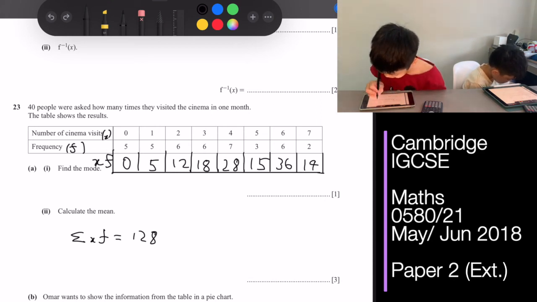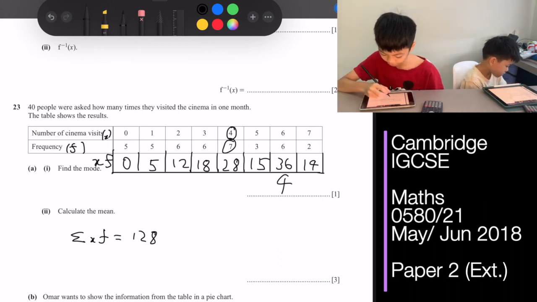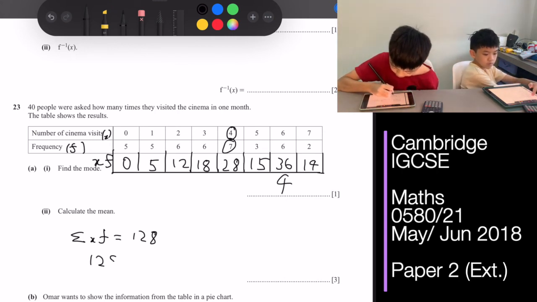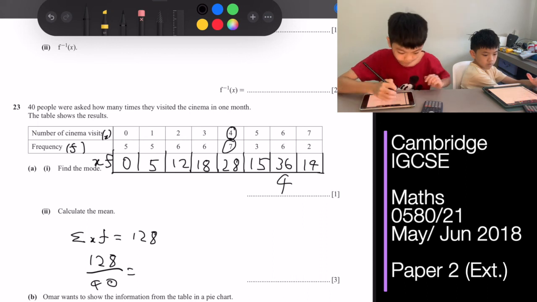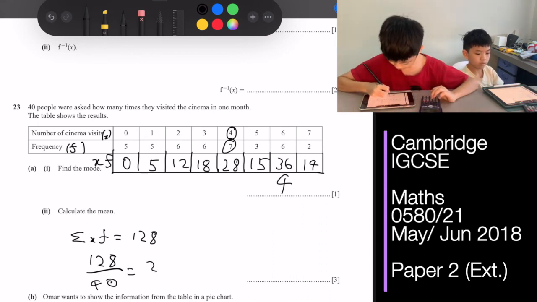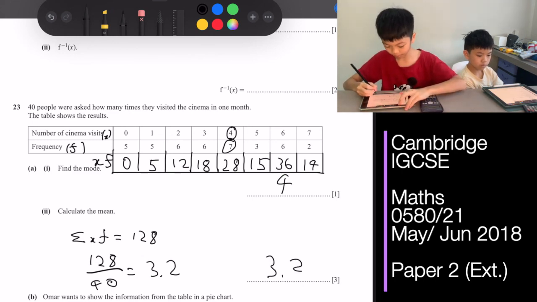The one with the most number, 7, and the number of cinema visits is 4. Next, calculate the mean. So sigma xf, which I already labeled there, is 128. So 128 divided by 40 is 3.2. So the answer is 3.2. That's the mean.